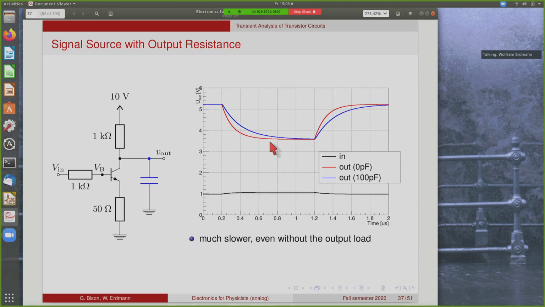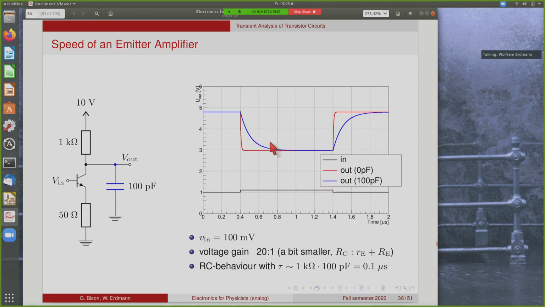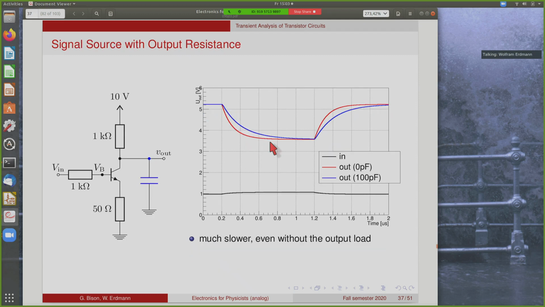Now, we mentioned that most real signal sources are not perfect. They have a certain input resistance, and this type of amplifier is an amplifier that has a very small input resistance. So you need a real good signal source to drive it, because we have this steep characteristic here. Now, let's say we have a signal source that has a significant output resistance.